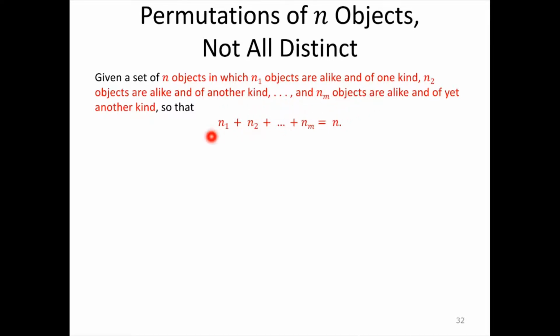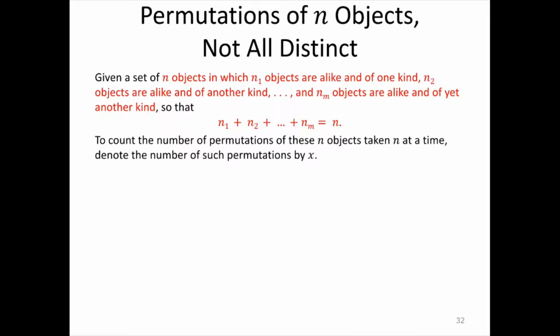And of course, if we add all of these, it should be equal to n. So how do we count the number of permutations of these n objects taken n at a time? Because there are n1 similar objects, n2 similar objects, and so on, we cannot use the previous formula for permutation.